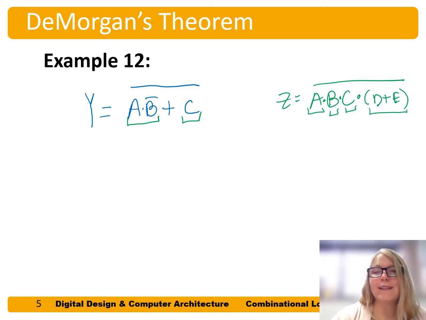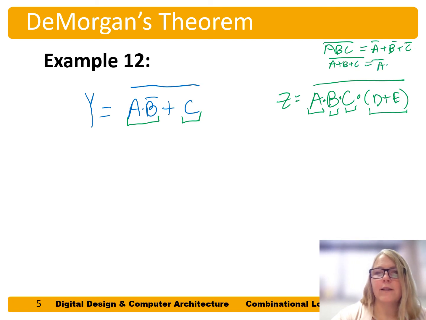Those are the two cases: either terms that are ANDed together under a bar, where we can distribute that bar, or terms that are ORed together under a bar, and then we distribute the bar.